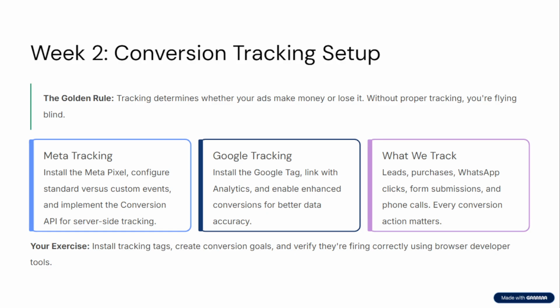I'll look for an account to work with to show you what the server side tracking looks like. You have your Google Ads tracking, which is going to include your Google tag. We are going to link up an account with analytics and enable enhanced conversion for better data accuracy.